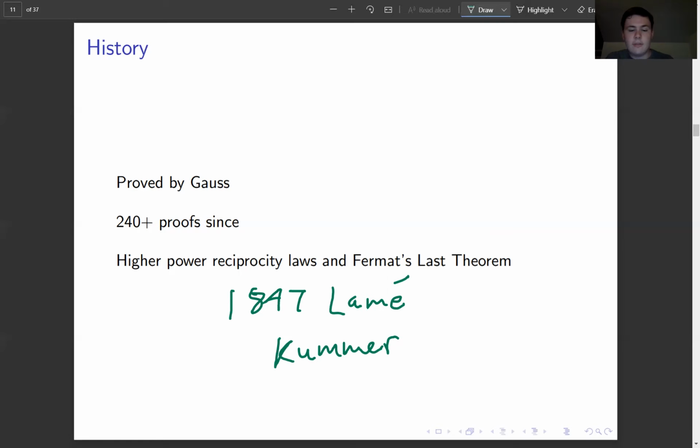So the idea of reciprocity has results that are wide-reaching in number theory.